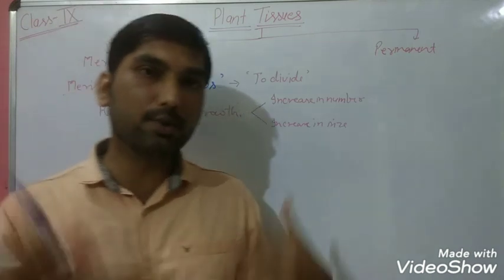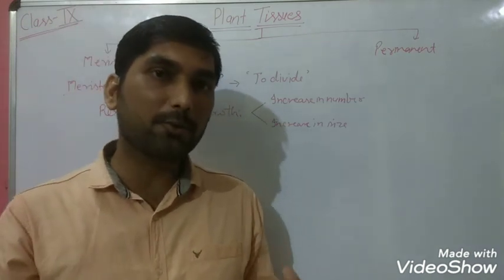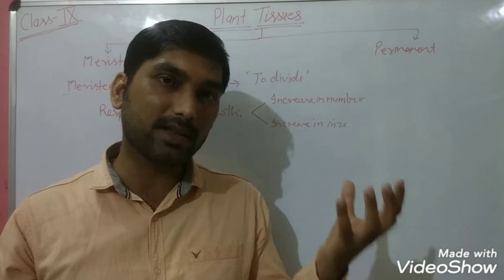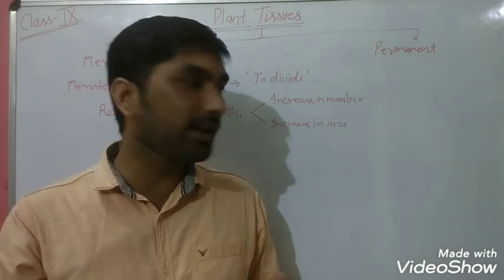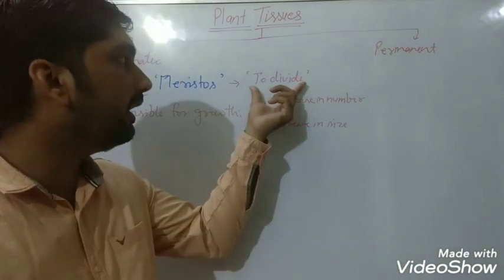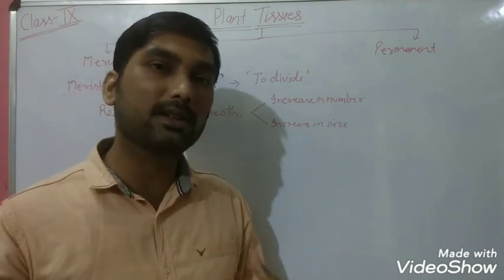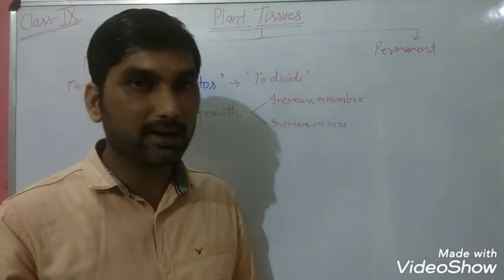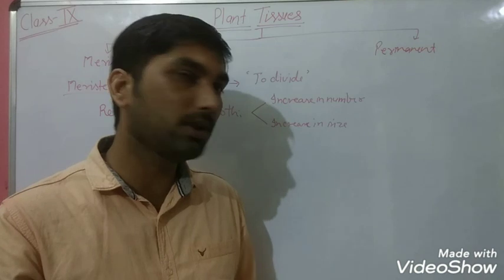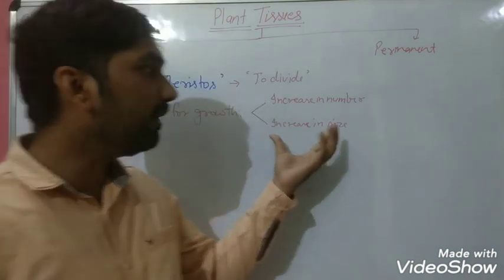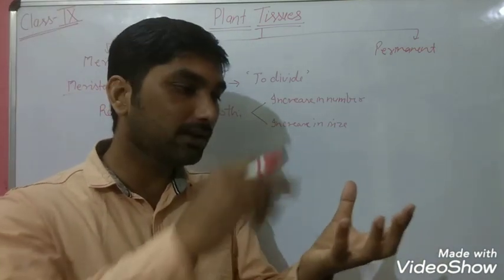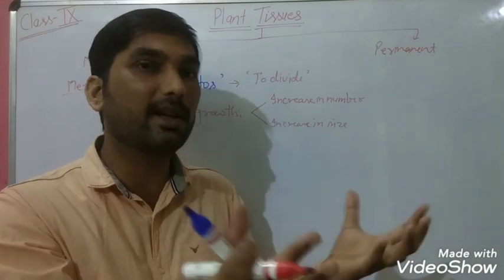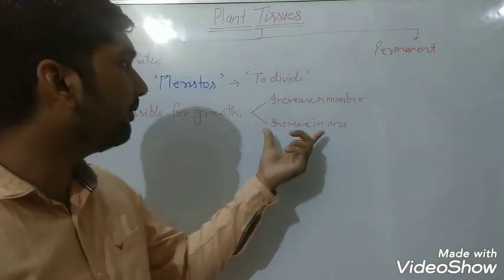Even we, the humans, are derived from a single cell that is known as zygote. This zygote keeps on dividing, and further many cells are made in our body, and that is known as what? Growth. Or growth may be in the same cell. If the size of a cell is going to increase, that is also termed as what?